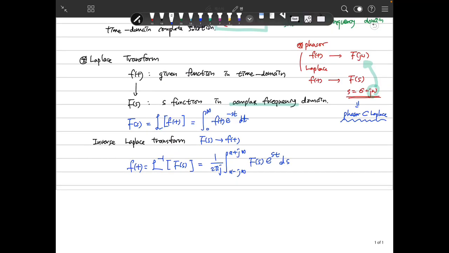It looks very complicated, but it's not. In the time domain, f(t) is very simple. We only discuss sine, cosine, exponential, steps, or impulse.